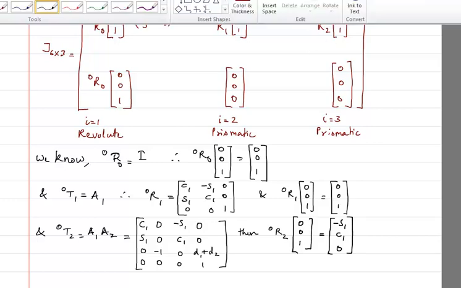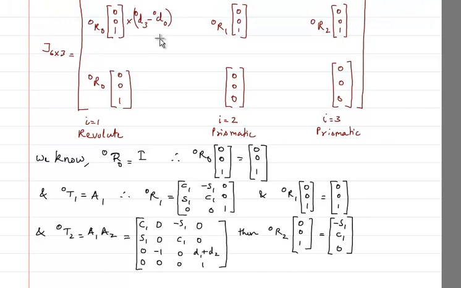Now what is left is this part. Now here remember this multiplication is a cross product. So whatever is the answer we have found here, we have to cross product with this value. Now what is this? 0d3. 0d3 is basically when you get 0t3, from that we have to take the 0d3.